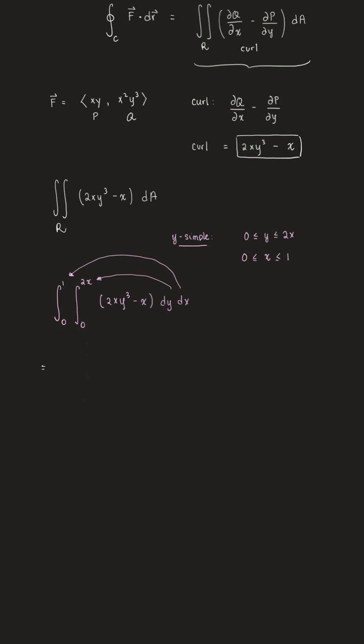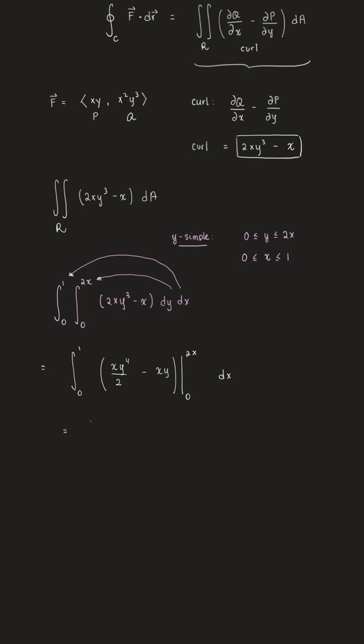I'm going to do it all at once. I'm going to leave the 0 to 1 on the outside. On the inside, we're integrating with respect to y. So that's going to give me 2x y to the 4th over 4, or x y to the 4th over 2, because 2 over 4 is a half, minus x times y. This is from y equals 0 to y equals 2x, and our outer integral will be in terms of x.